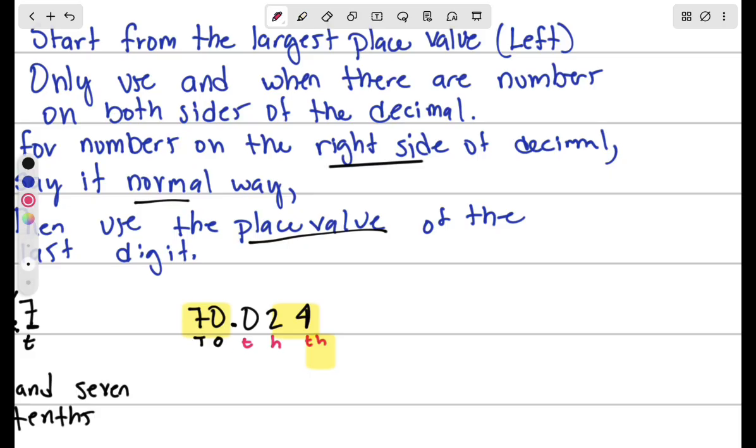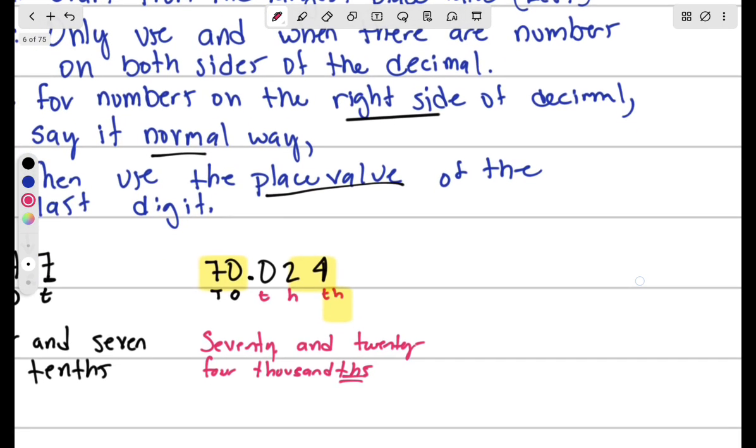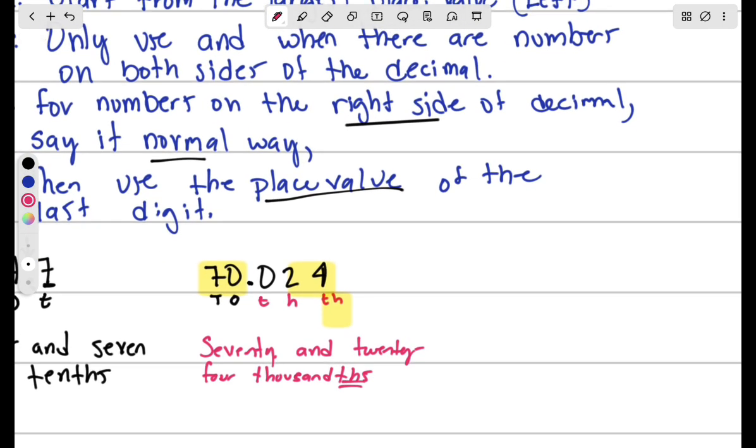Very good. 70 and 24 thousandths. Make sure you put a THS on the end. If you do not, it's wrong. Any number you have on the right side of the decimal, that place value has to have a THS in it.